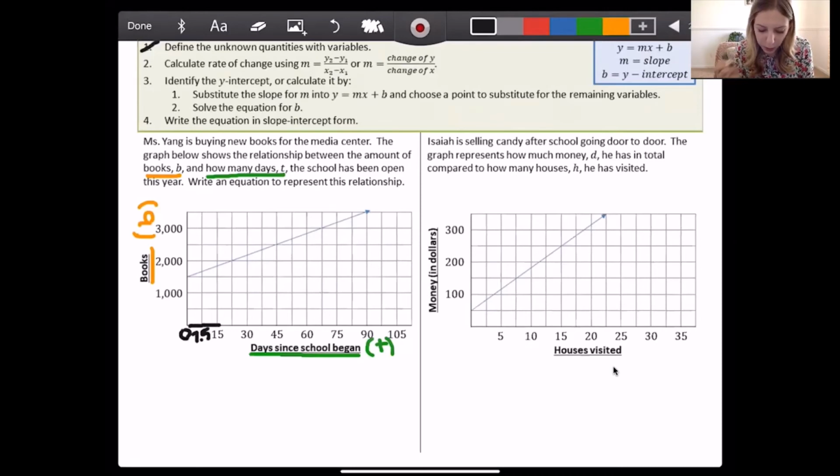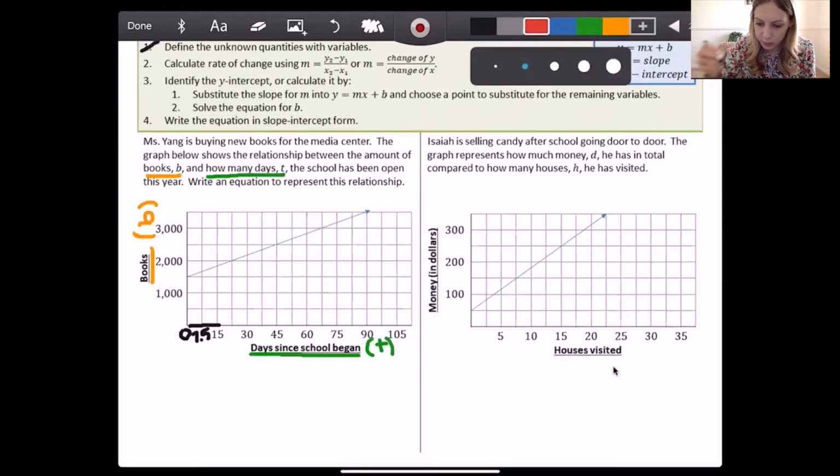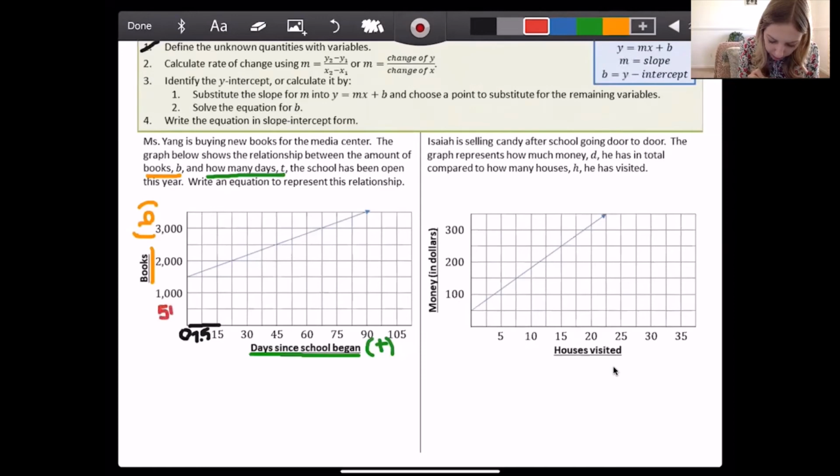And on my y-axis, my scale goes from 0 to 1,000. So halfway, 1,000 divided by 2 is 500. So my scale for my y-axis is going by 500, and my scale for my x-axis is going by 7.5. So my first point on this graph, I'm going to label.